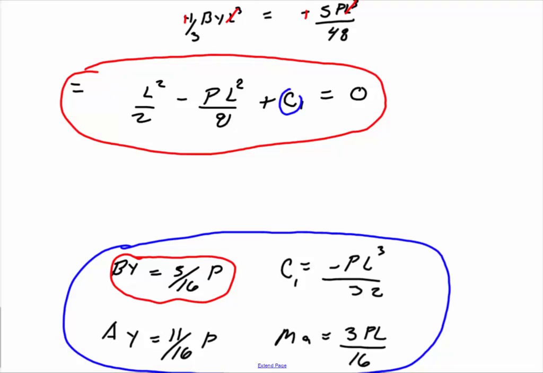And we said we knew it was 5/16 P. Alright, so let's do this. Get common denominators here. That's going to give me 5 over 16 P, and make 32 here, because we got the 2 down there. L squared. Now we need 32, so minus 4.